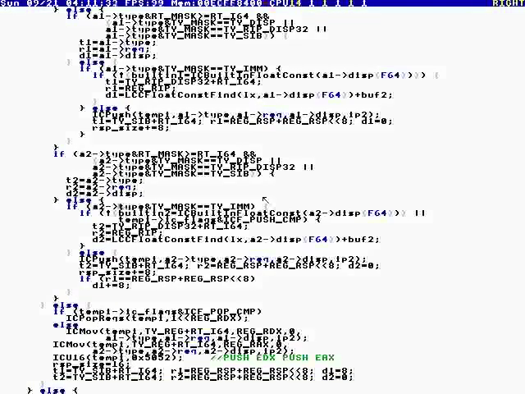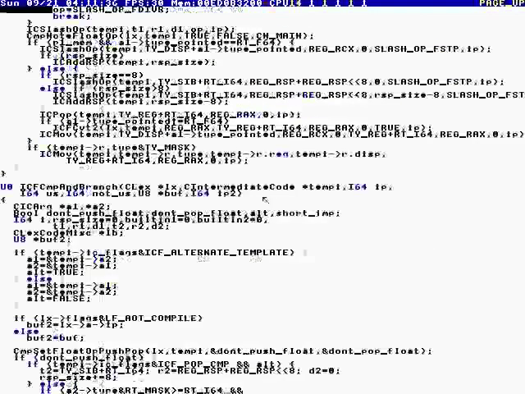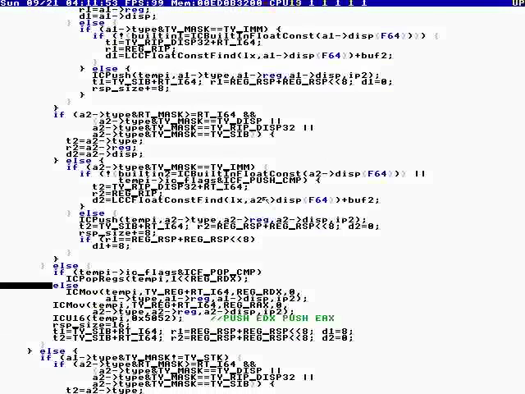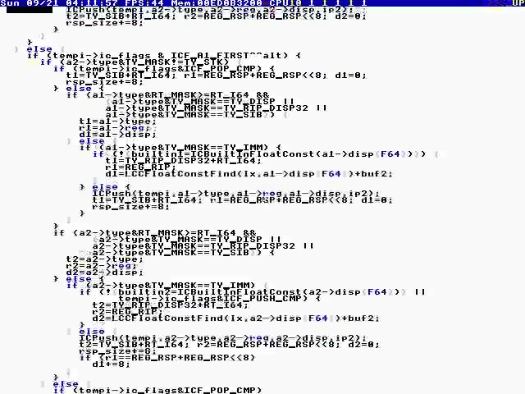Okay, so let's see where we are. Intermediate code floating point. Compare and branch. Okay, so let's just start with whatever routine.